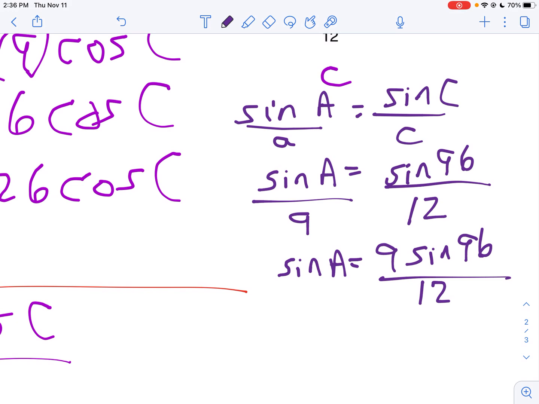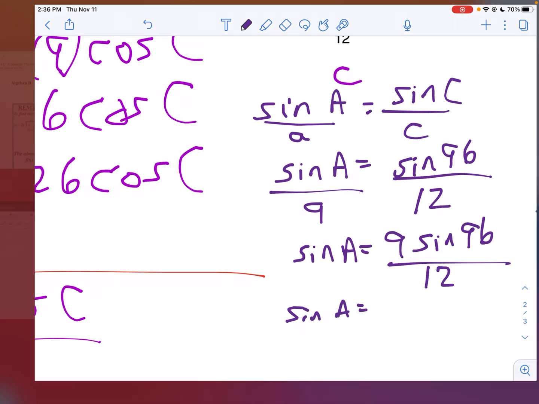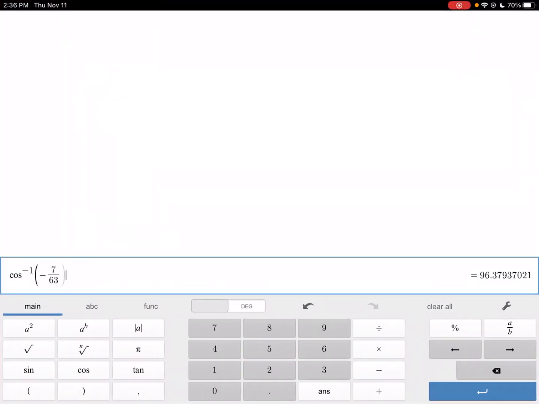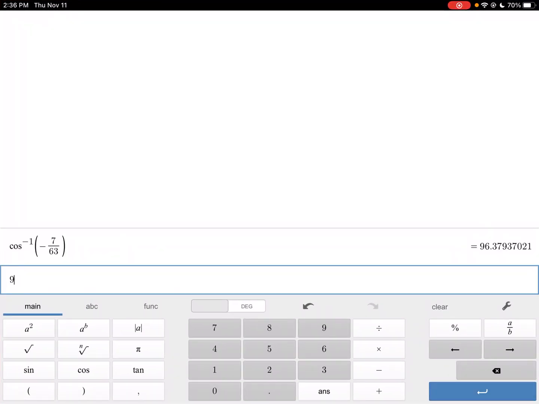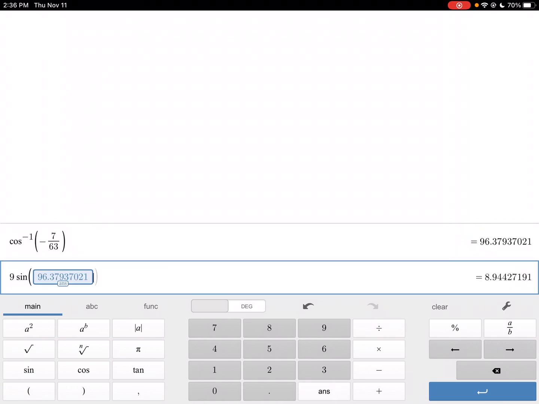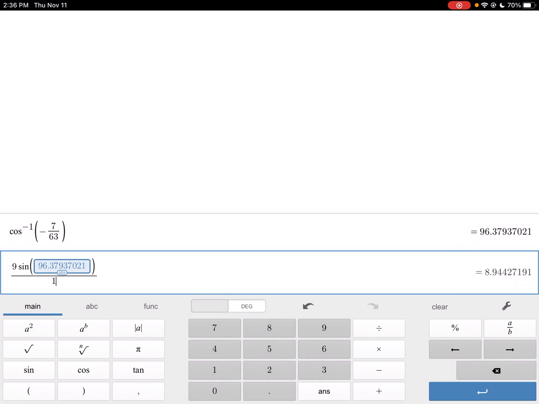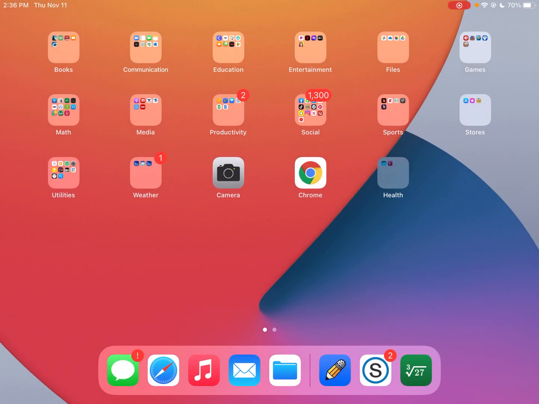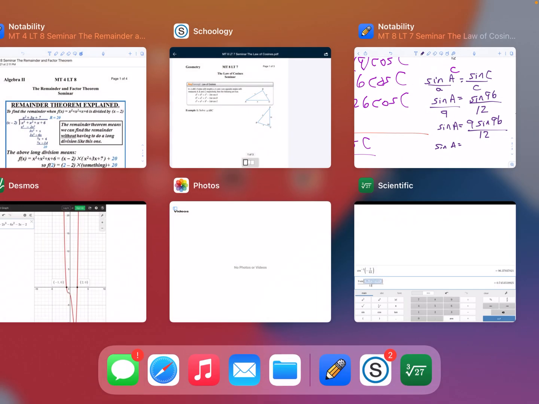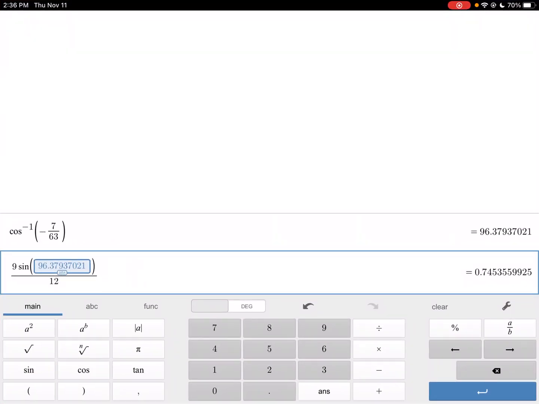So now I'll use my calculator. So I'm going to take 9 times the sine of my answer, which is 96 degrees, and I'm going to divide that by 12. Yeah, I divided by 12. So the sine of angle A is about 0.75.